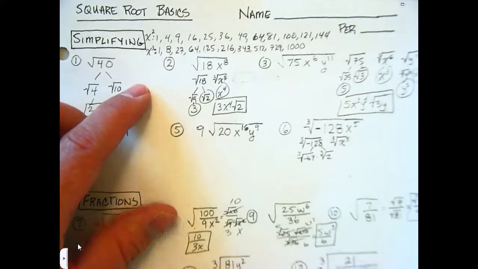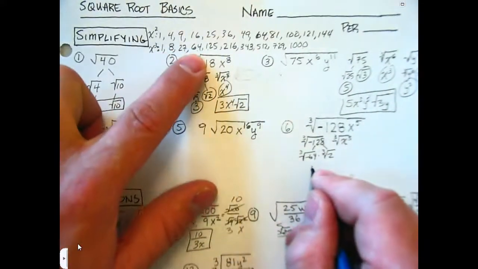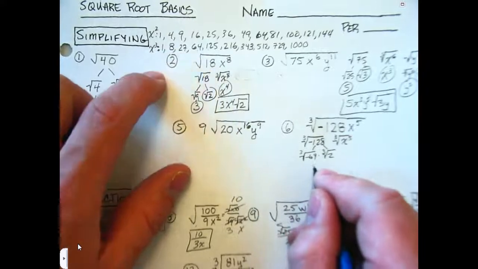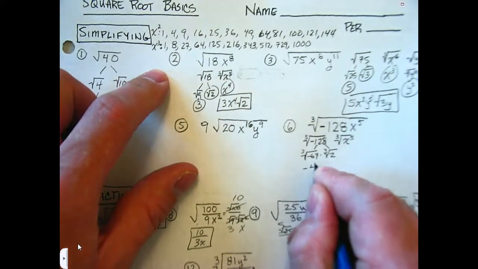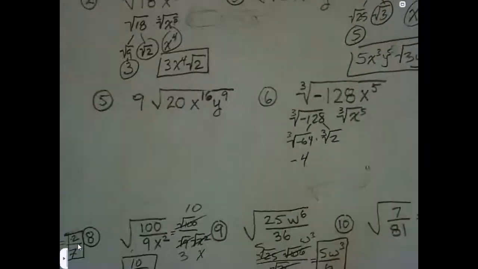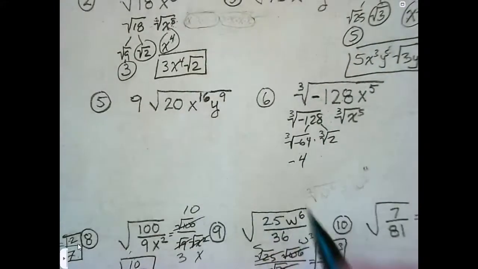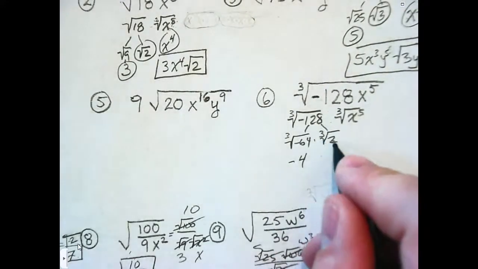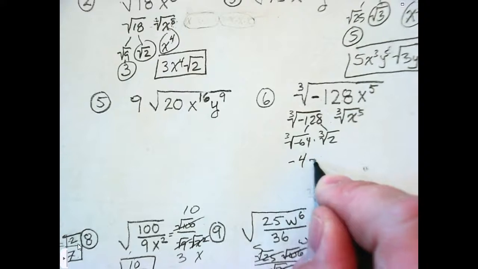The cubed root of negative 64 is negative 4. Remember, you can have negatives inside your radical as long as it's an odd root. And the cubed root of 2, we just leave it, the cubed root of 2.